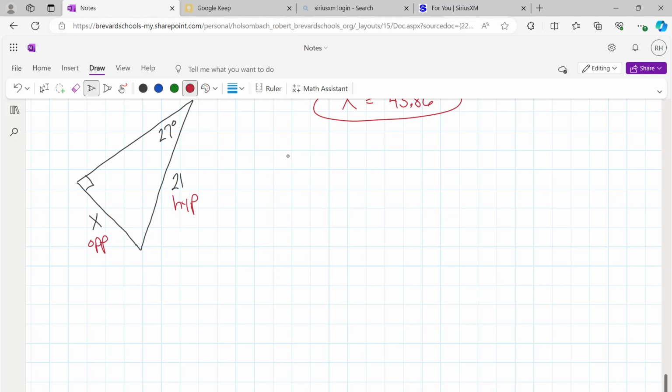Sine. So sine 27 equals the opposite side over the hypotenuse. When the variable's in the numerator, it's basically a one-step equation. We multiply both sides by the 21.